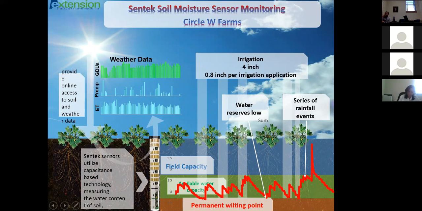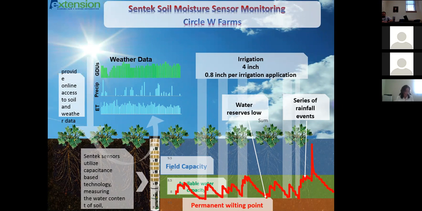the measurement with the capacitance sensor, and you can see those sensors provide more information and give you an idea about the volume of water in your soil, and you can monitor the moisture in the soil and have an idea about your field capacity and wilting point.